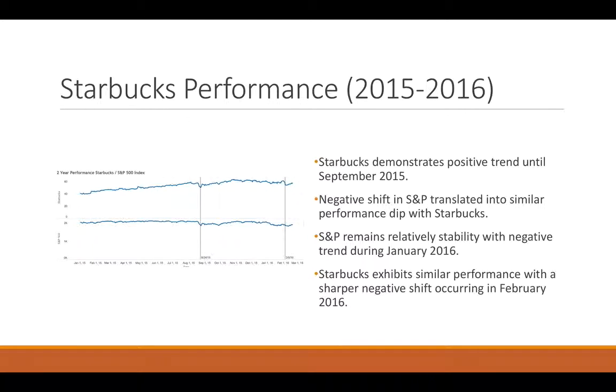And here's a truncated timeline just for the calendar year 2015 and several months of 2016. As you can see, the Starbucks, which is the top trend, continues to slightly increase over time, giving a positive trend where the S&P is stable.